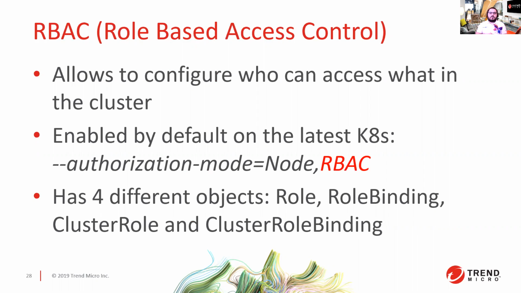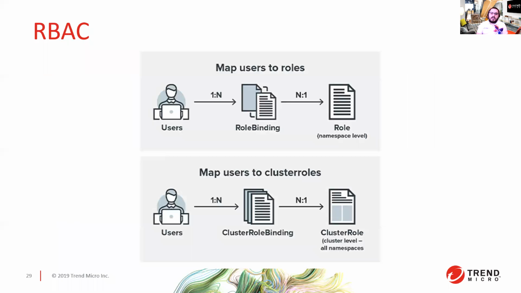And basically RBAC has 4 different objects: Role, RoleBinding, ClusterRole, and ClusterRoleBinding. Those objects basically contain rules that represent a set of permissions within a namespace. So Role is restricted to the namespace level, and RoleBinding basically binds these permissions from the Role to one or more users, so a set of users.